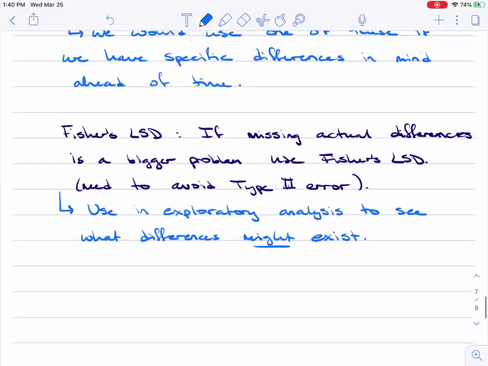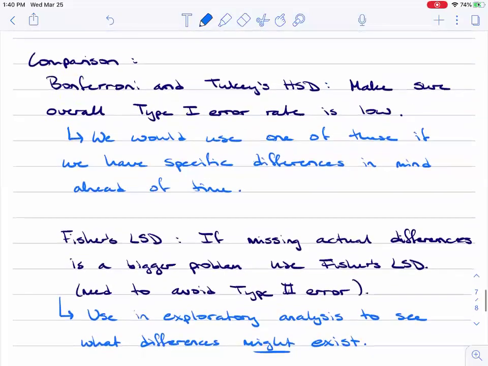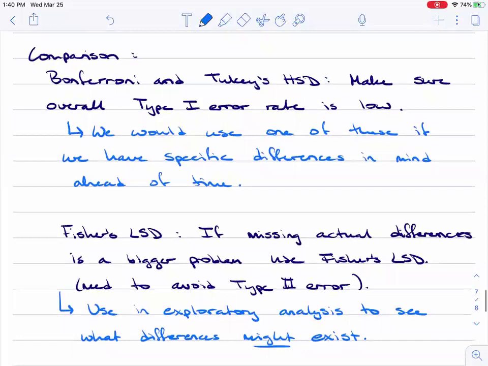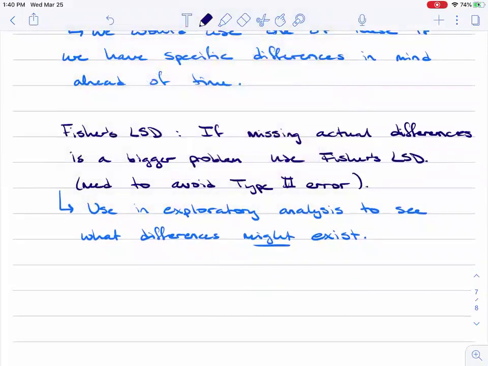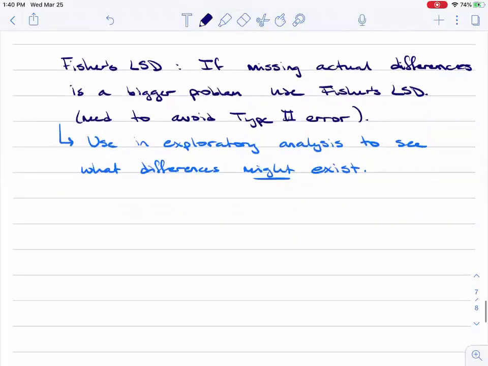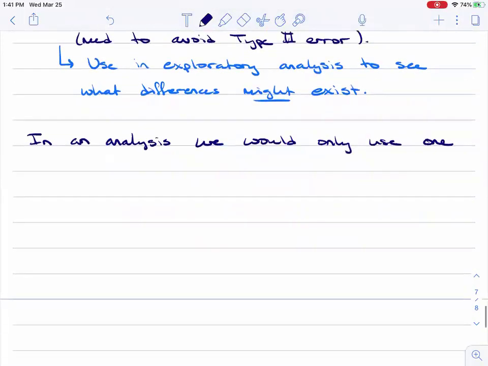And so these are your three methods that you can use, and it depends on what you want to emphasize. In an analysis, we would only use one of these methods.